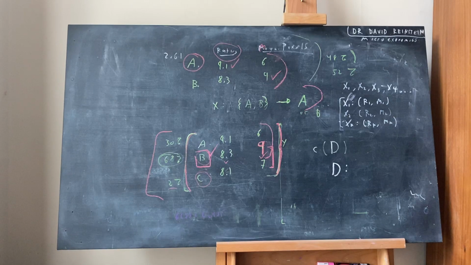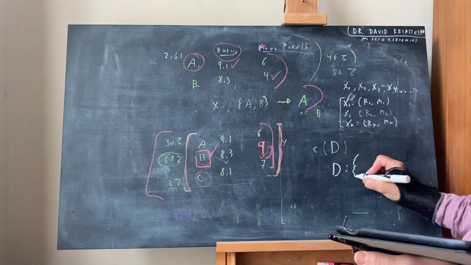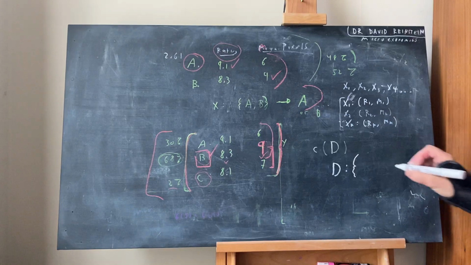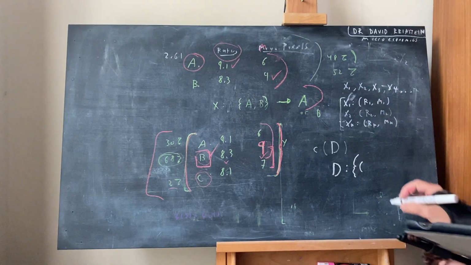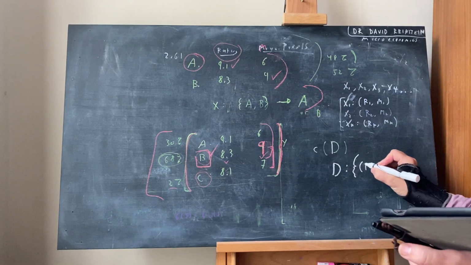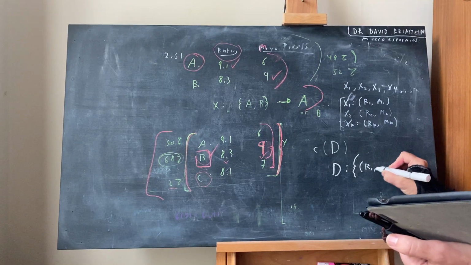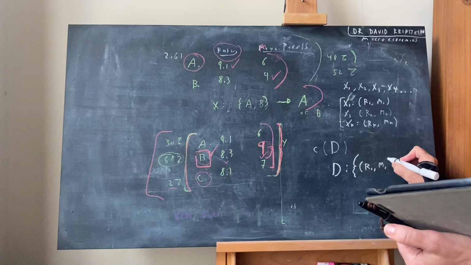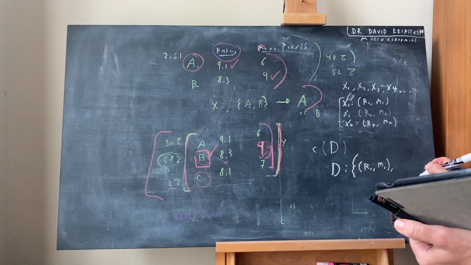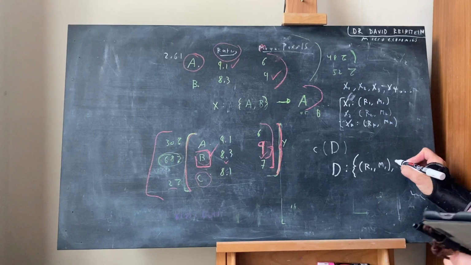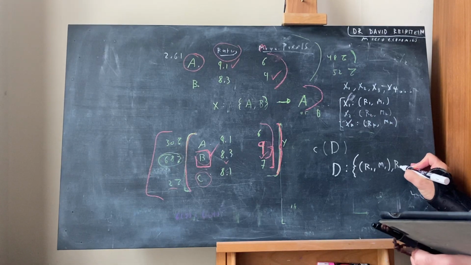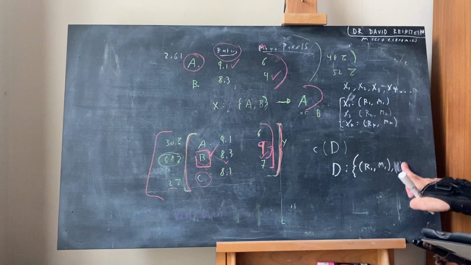So D has something with, in fact, let me get rid of this X notation, it's a bit confusing. It has something with R1, M1. It might just have two elements, but it'll have at least two elements.